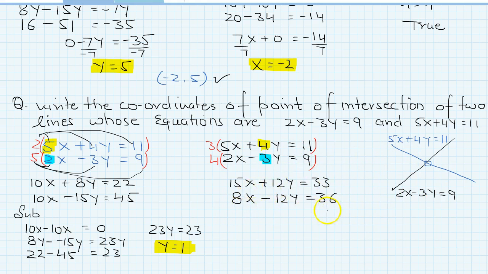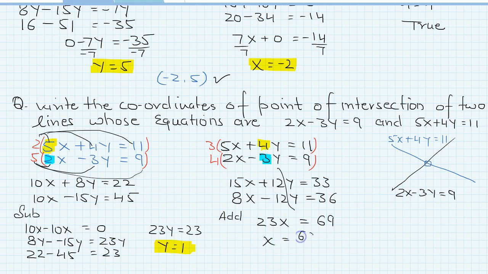Now this is a bit easy because now we are not going to subtract, we add, because these are already 12 minus 12, so we know that it will be cancelled. So 15 plus 8, 23x is equal to 69.